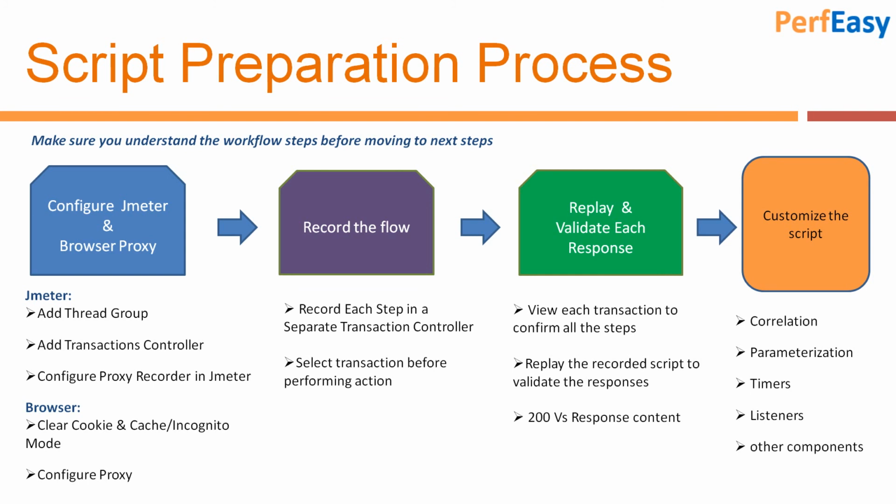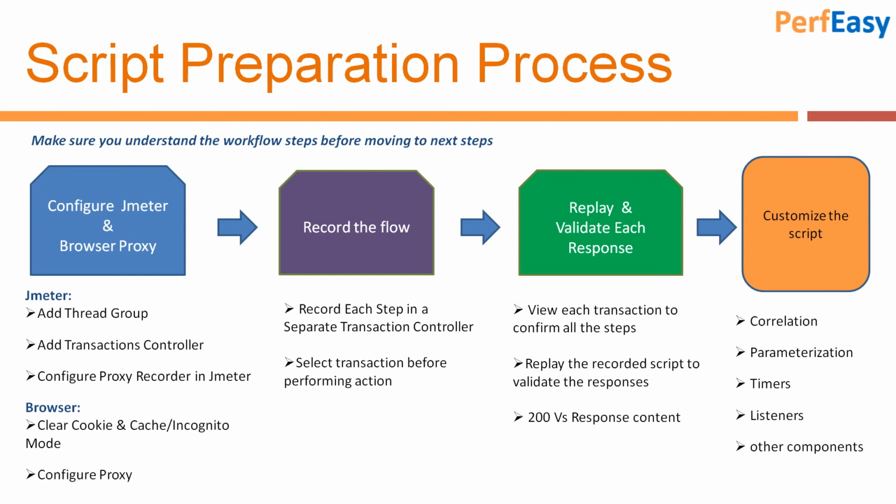Then during the load test executions, we add the relevant listeners to get the response time, pass fail, throughput, and the statistics that we require to share with the business management or our lead. And there are some other components which are used depending on the scenario or different kinds of situations where we are going to prepare the script. But these customizations of the script we are going to talk about in future sessions.